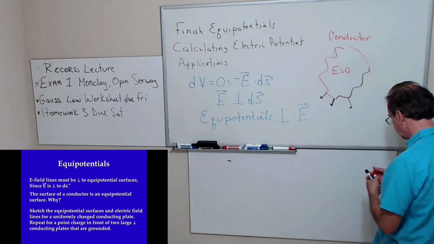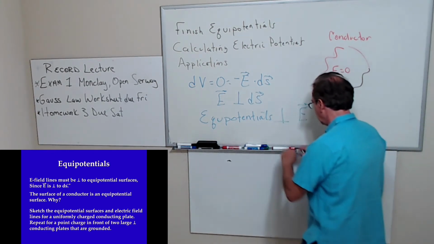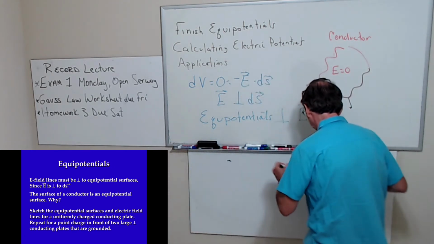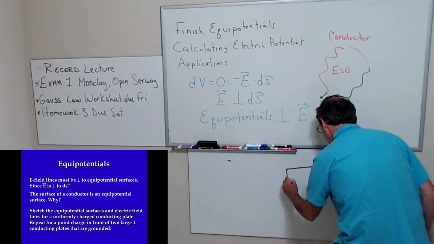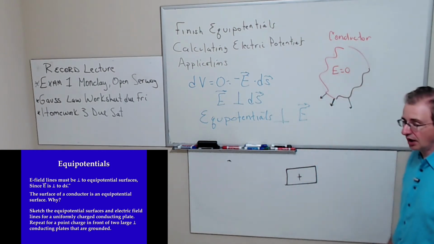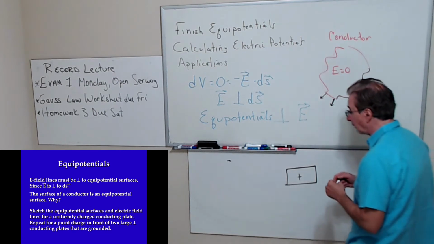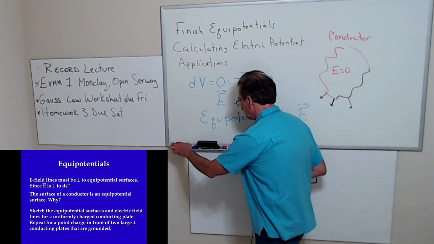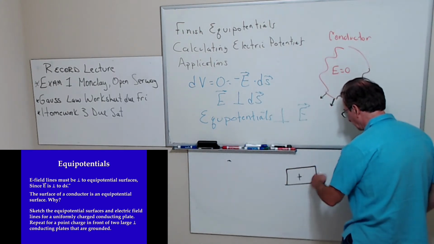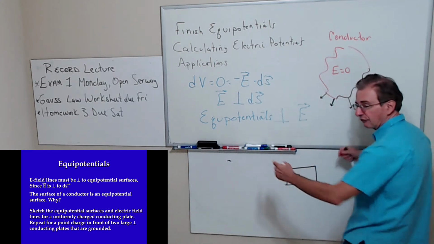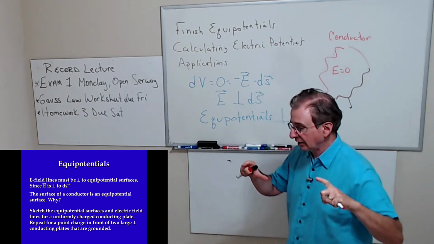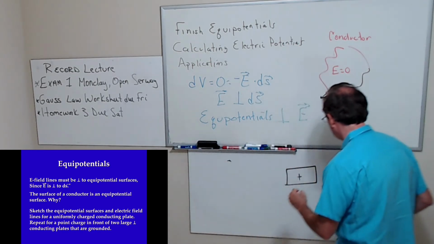So if I had, let's say, a rectangular conductor, and let's say it's positively charged, and now we're told to draw the equipotential surfaces. Well, the first one would be the rectangle. But then as you get further out, the corners of the rectangle become rounded.